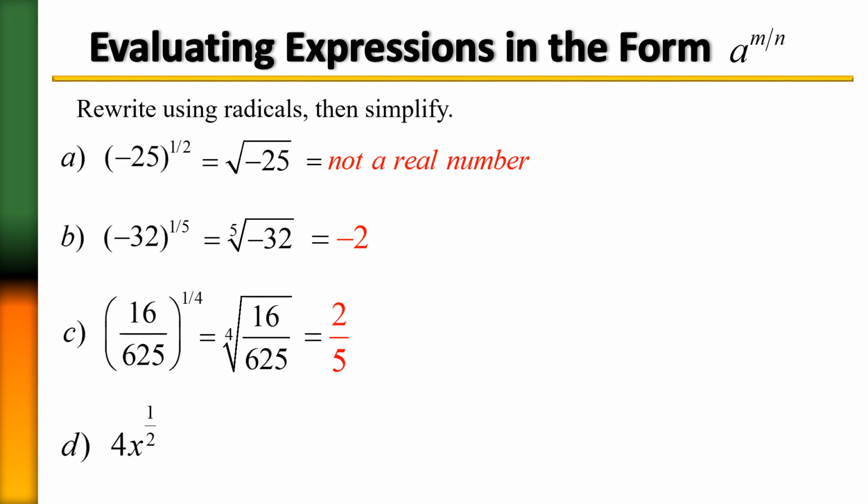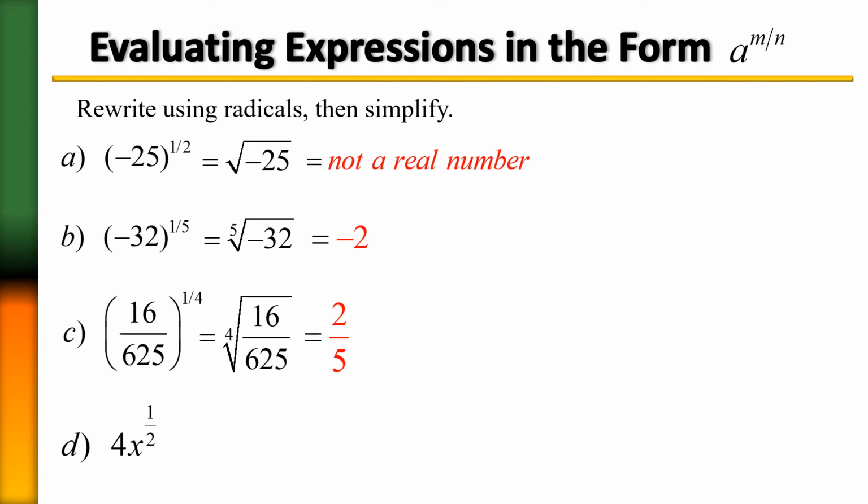Last example, I have 4 times x to the 1/2. And I want to rewrite that as a radical and then solve. Now, only the x has a rational exponent. Only x has a fraction, not 4. 4 is being multiplied with that x term.